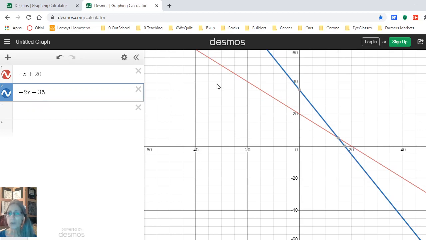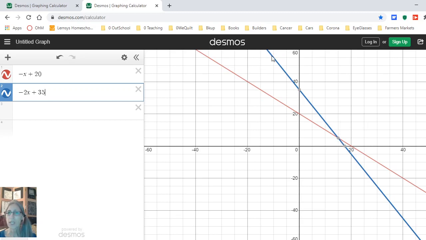And those two equations intersect here at this point 15, comma 5. And so what that means is that 15 and 5 are the solutions to this system of equations.